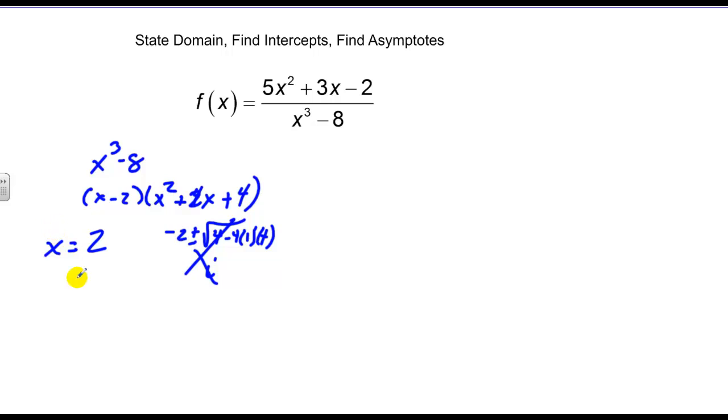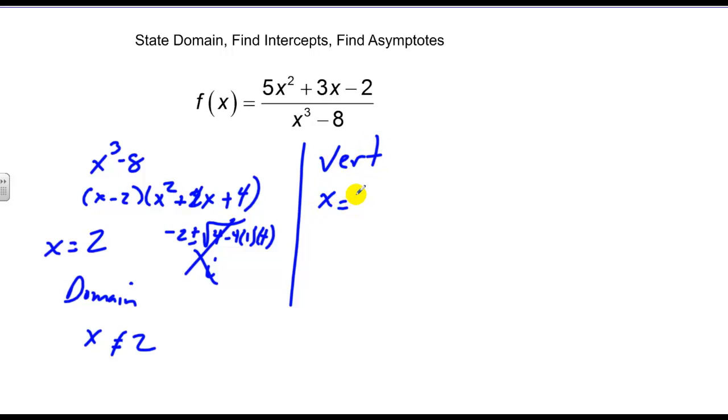I'm sorry, this is my domain. X is not equal to 2. Vertical asymptotes. Again, x equals 2 because that limits my domain. Horizontals. Notice the degrees. Power bigger on bottom than on top. So in that case, I get y equals 0.